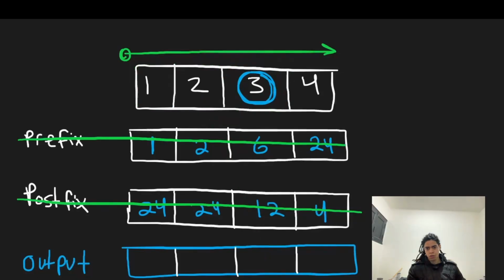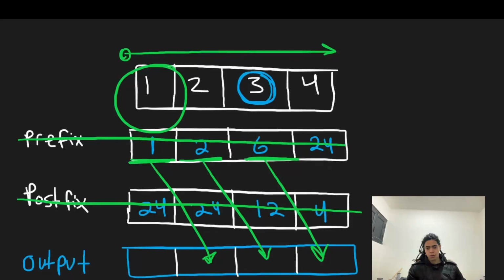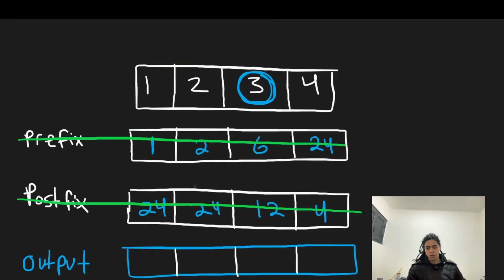And so at that point, every prefix is going to be in the output. Basically, the prefix over here is going to be stored in the second position. The prefix over here is going to be stored here. The prefix from this is going to be stored here. And remember how for the first position, there is no prefix, so we're going to put a default value of 1 over here. And then after that, we're going to do a pass going from the end to the beginning, computing every postfix.